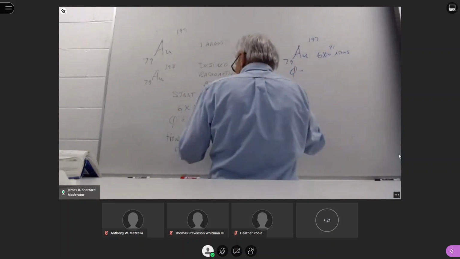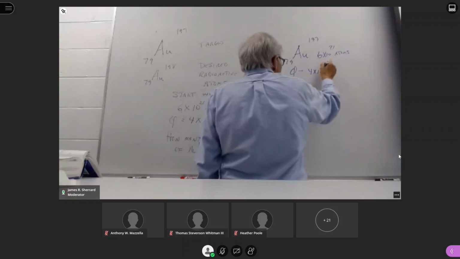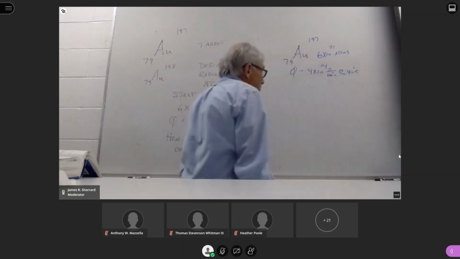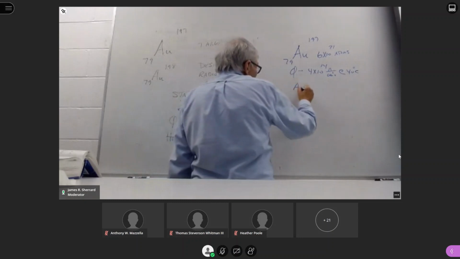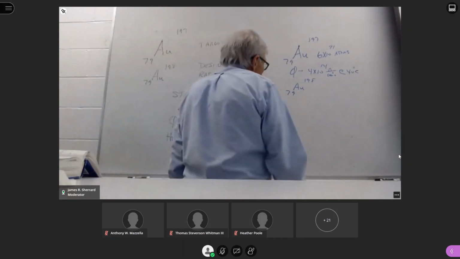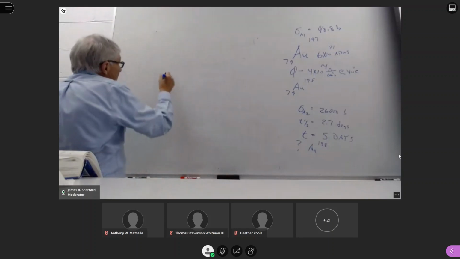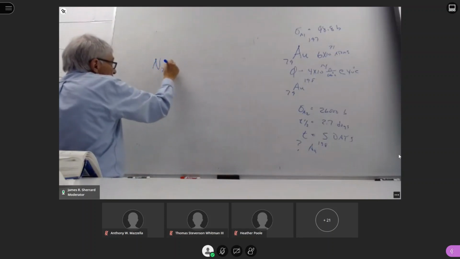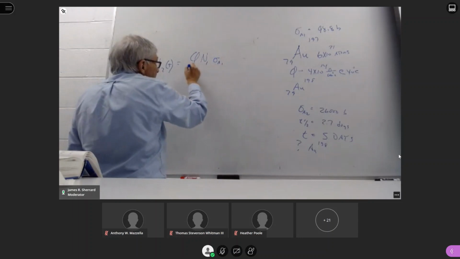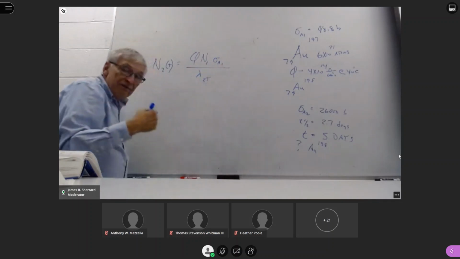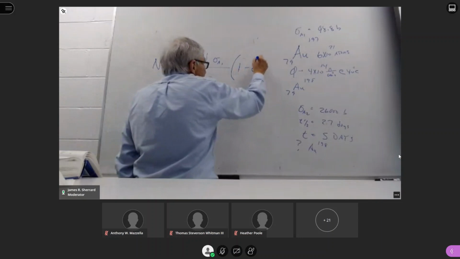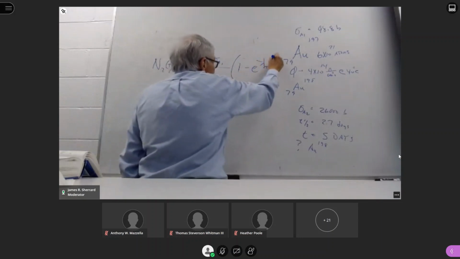We know the flux was 4 times 10 to the 14th neutrons per square centimeter per second at 40 degrees C. If we look at our gold 198, which is our desired, we know that the number of twos as a function of time is equal to flux times N1 sigma A1 divided by the effective decay constant times 1 minus e to the minus lambda 2 effective times time.